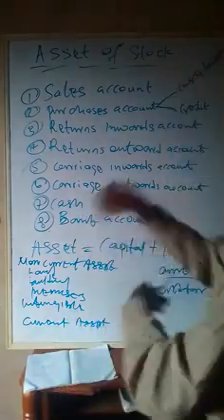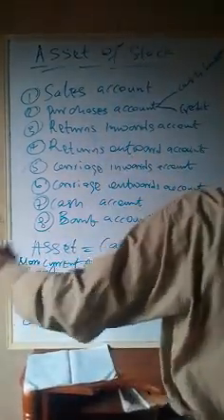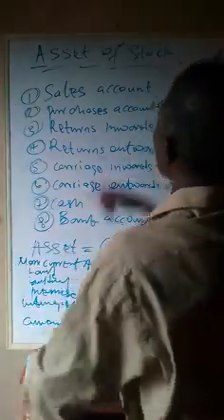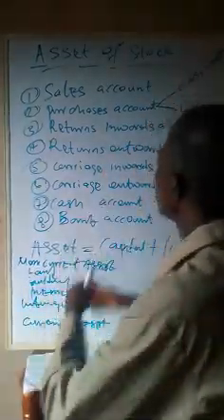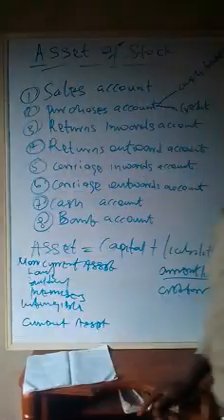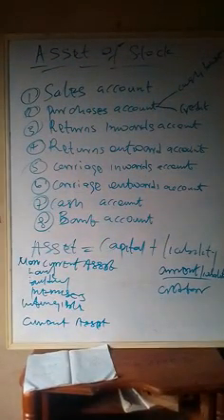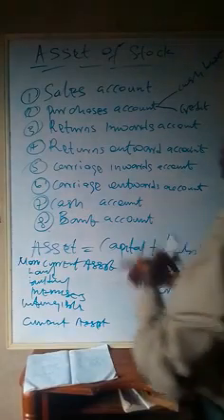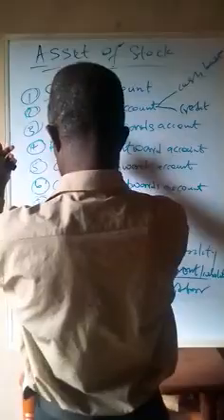Assets that bring cash inflow into the business within a period of 1 year, that is what we call current asset. And they are the ones that turn to become assets of stock. Do you get the point?